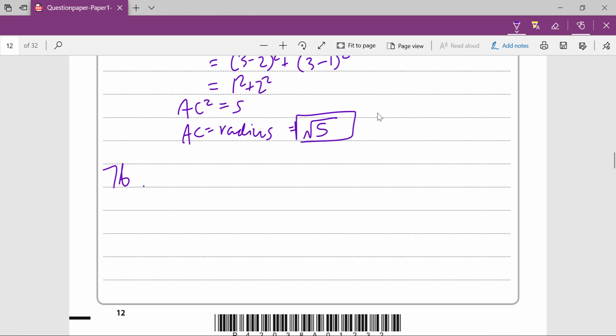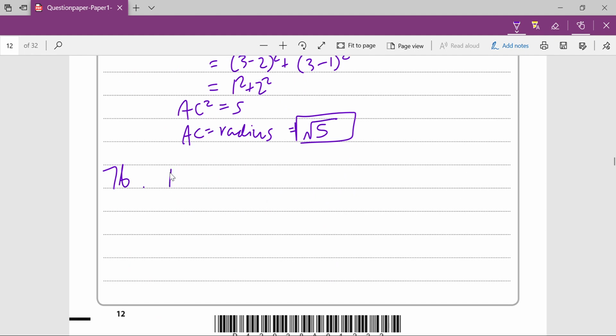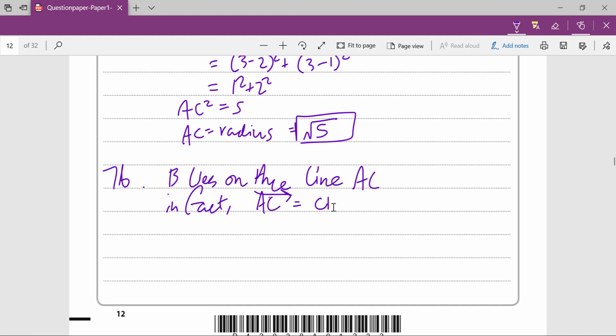So, B lies on the line AC. In fact, the vector from A to C is equal to the vector from C to B. That is to say, this is not an English test, 2 down, 1 left.